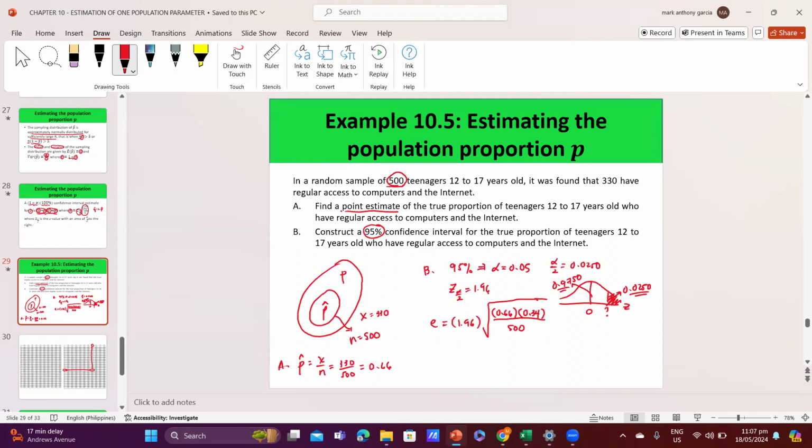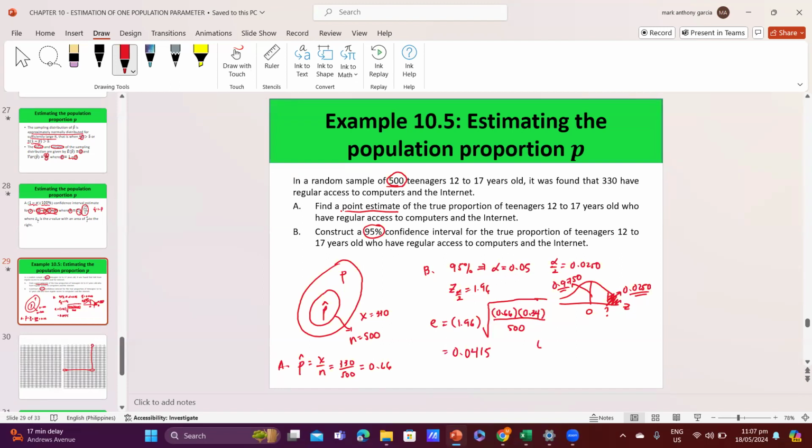So using our calculators, we get 0.0415.